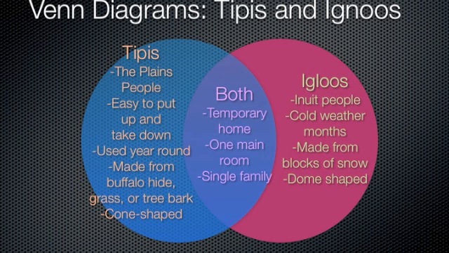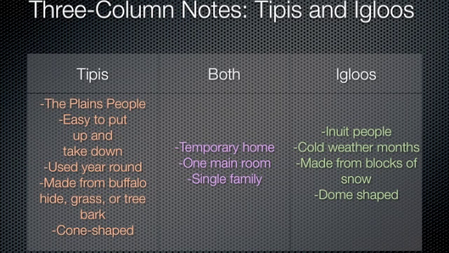Now, if you were doing this on your own, you would stick the things in one circle that don't touch the other circle that are independent of each other. And then from there, you can see and organize your thoughts. Now, we've been talking a lot about three-column notes this year, and I thought it was a good idea to go back to it. So I've done the same organization color-wise that I've been doing with my Venn diagrams and with the paragraph.